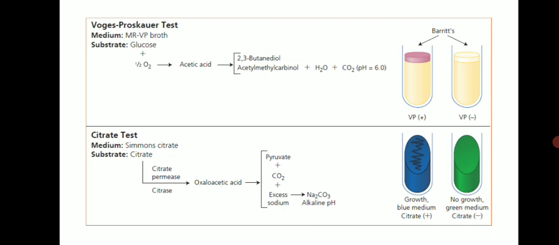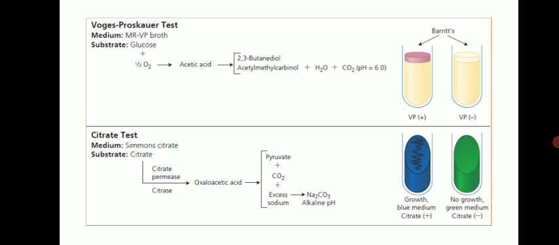In the citrate test, if growth occurs, the microbe utilizes citrate; if growth is not there, it does not utilize citrate. In the Voges-Proskauer test, similarly, if a ring is observed the test is positive, and if not, negative.